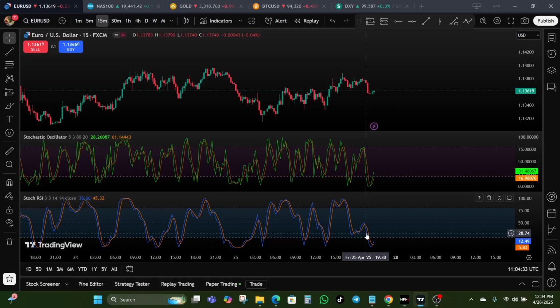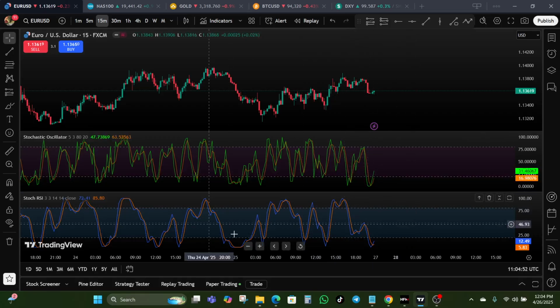Now, on TradingView, stochastic RSI helps you spot hidden strength or weakness in a trend before it becomes obvious on the price chart. It's quite similar to the standard stochastic that you know. However, it combines the functionalities of stochastic and RSI, giving you, will I say, better signals, right?